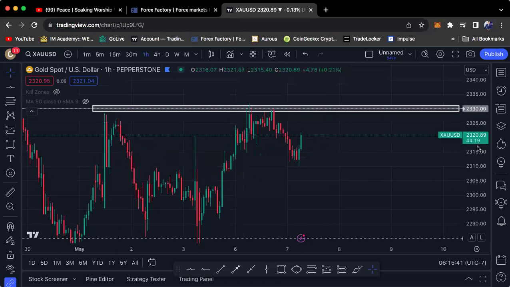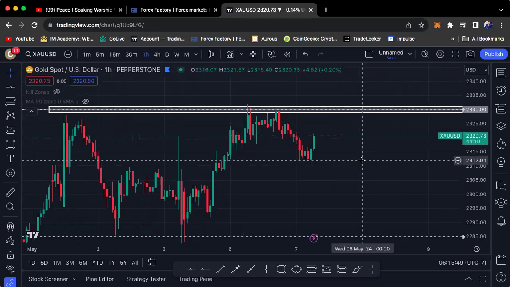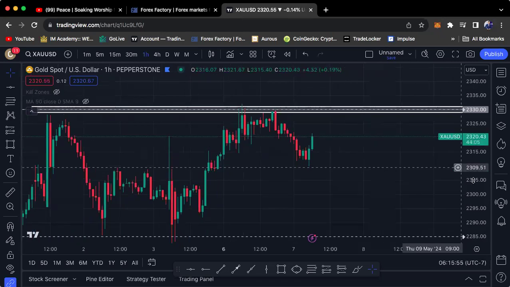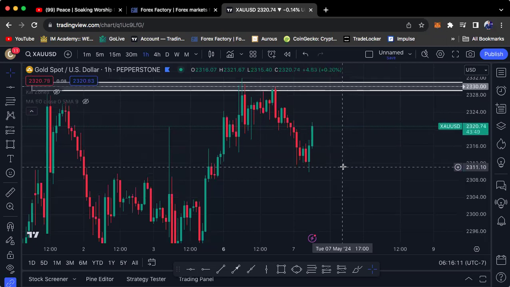Now that I have this marked up, I'm going to draw the next hourly structure. Right now it's testing the key level 2320 here. But I'm going to set a drive right here, 2310.